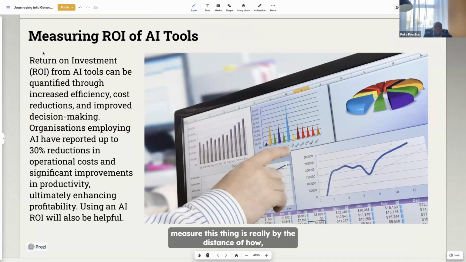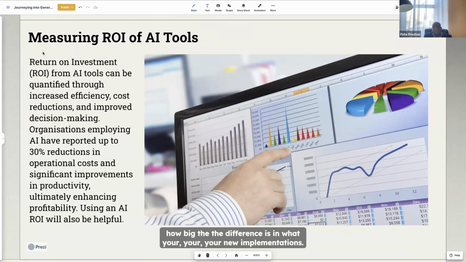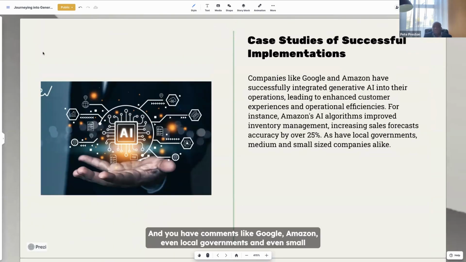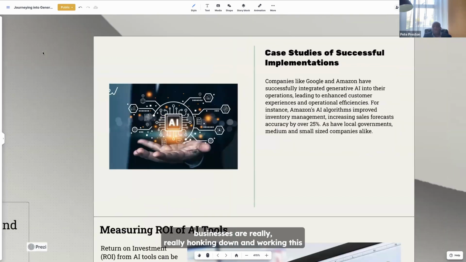So we've talked about ROIs and how you measure this is really by the distance of how big the difference is in your new implementations. And you have companies like Google, Amazon, even local governments and even small businesses really hunkering down and working this properly.